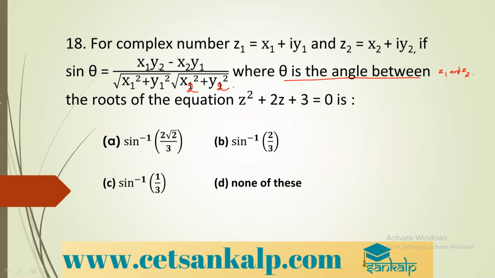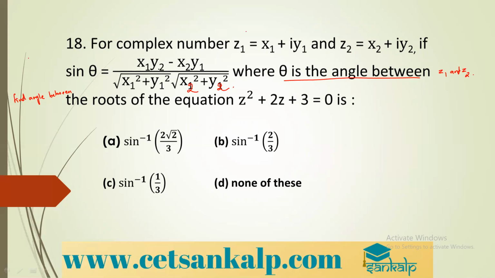And the question is to find the angle between the roots of the equation. That is the question. So first of all, we have to take Z1 and Z2 as the complex numbers which they have given.